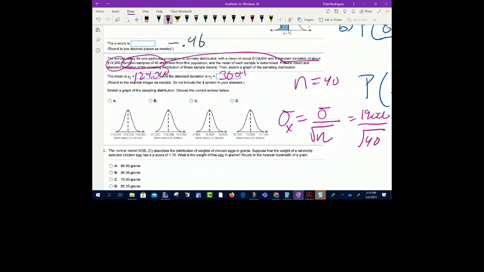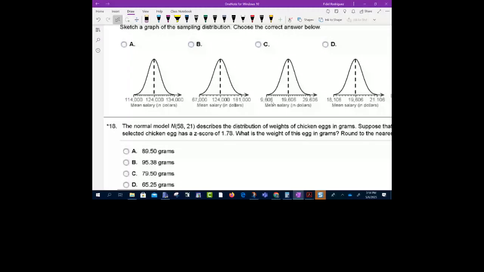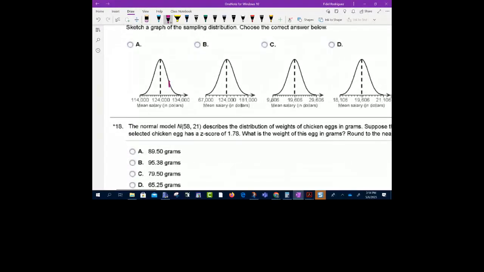Then we want to see, if we were to add the number we got, 3,004, which one looks like the number right about where that curve kind of changes would be about the 3,004 mark? A or B? A, right? Choice A. And there we go. You got it.